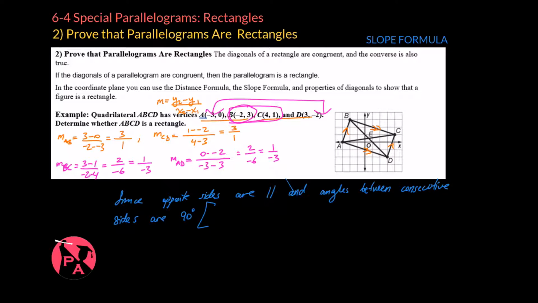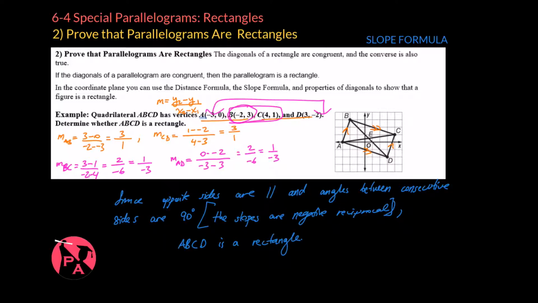The slopes are negative reciprocals, that's the reason. We know the figure is a rectangle. ABCD is a rectangle.